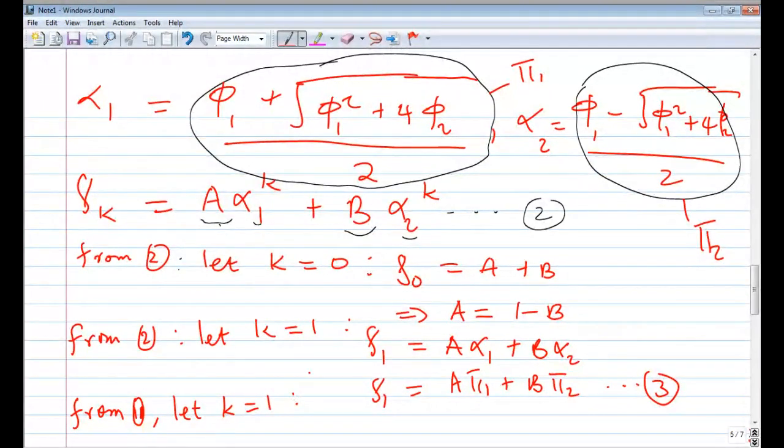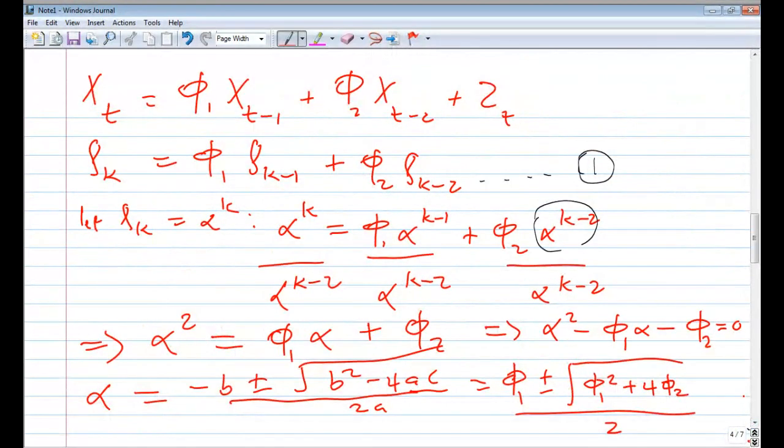If you let k equal 1, we are going to have rho 1 equal to phi 1 rho 0 plus phi 2 rho minus 1.